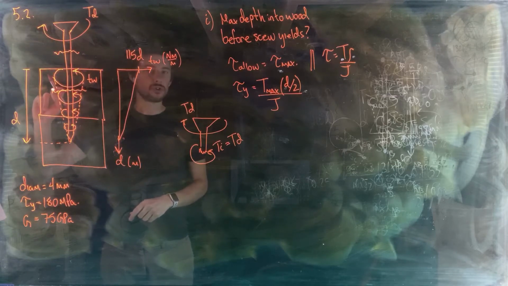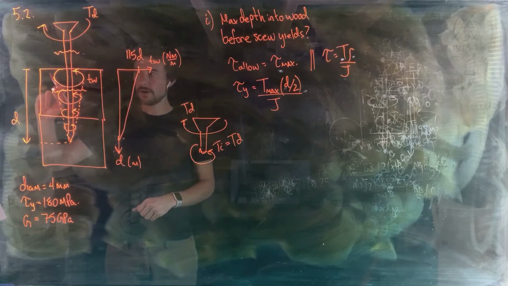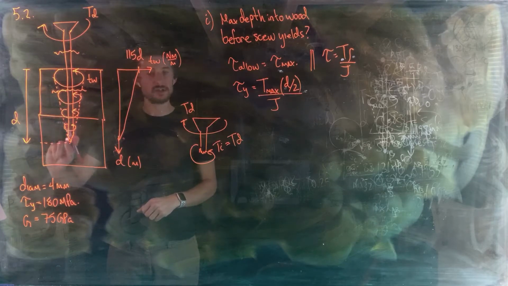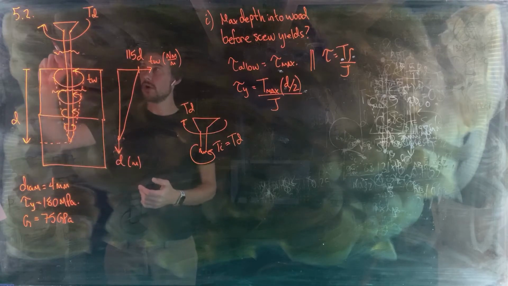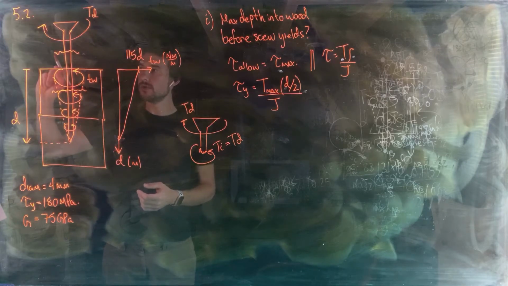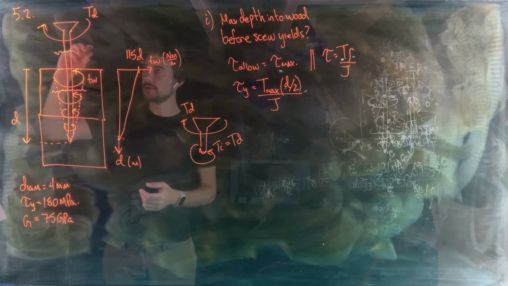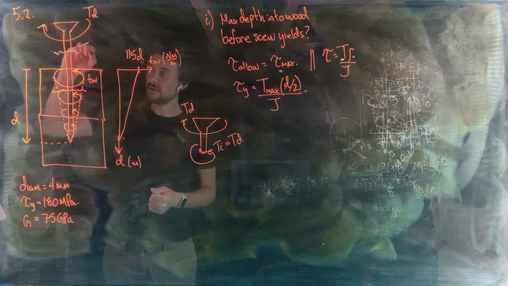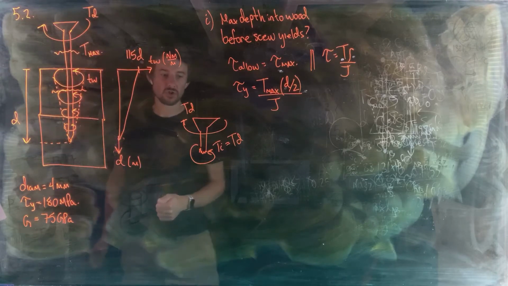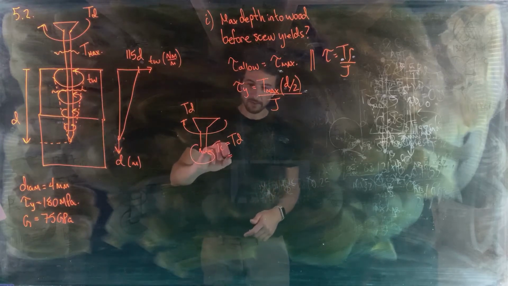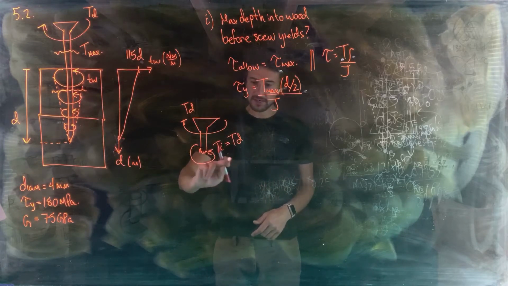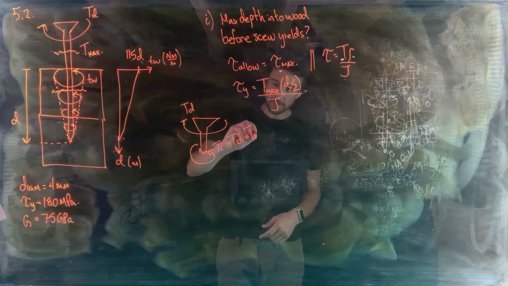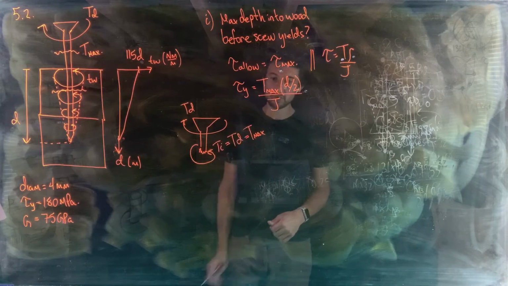So the internal torque will start dropping, right? And the internal torque will continue to drop, going down and down and down until we get to the tip where the internal torque is 0. So at this location here, between the surface of the wood and the torque being applied to the drill, we have the maximum internal torque at that location. So this does equal our maximum internal torque here.